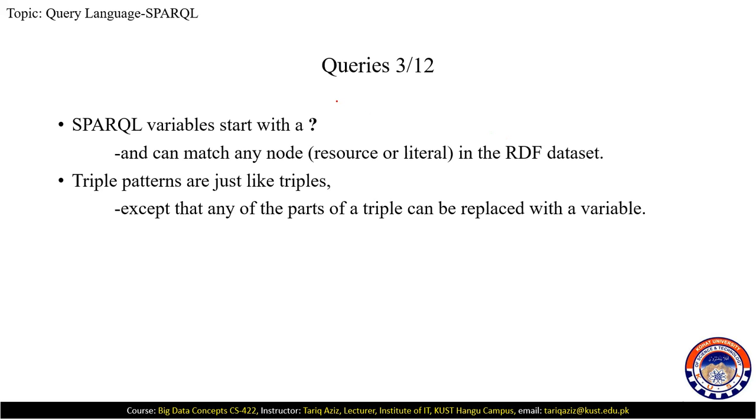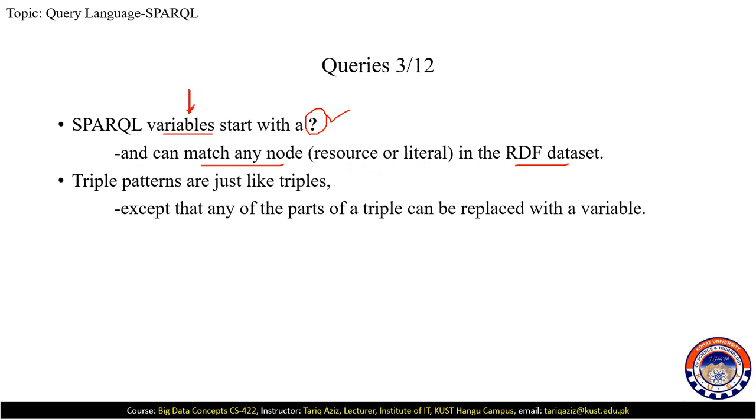Now, dear students, why did we use the question mark? It says that SPARQL variables start with a question mark. So whenever you want to use SPARQL variables, you have to start them with a question mark. This is the syntax. Variables can match any node in the RDF dataset, for example any resource or any literal.